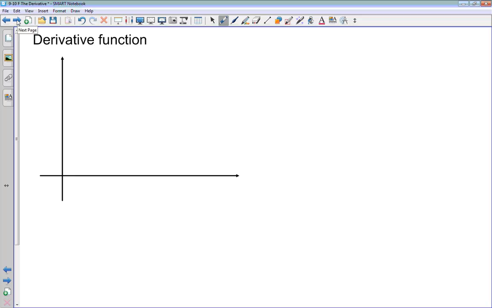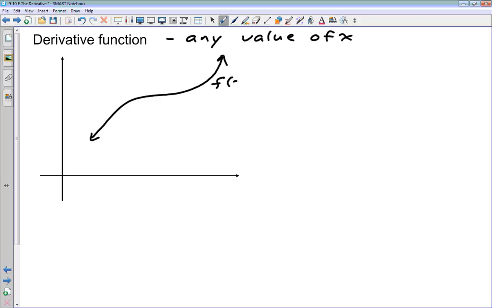So, derivative function. This will work for any value of x. Again, we're going to imagine that we have some function f at x that we want to find our derivative for.